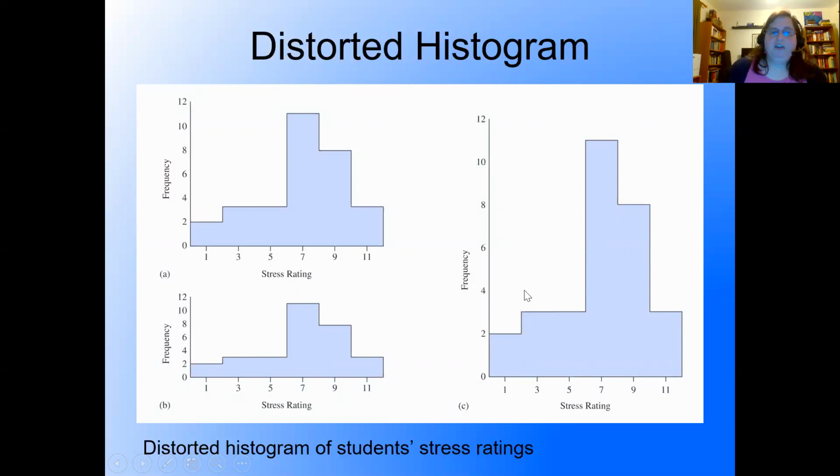And if you look at the diagram on the right, where we stretched out that y-axis, that frequency axis, it kind of exaggerates differences between the different values and their frequencies. Okay, so a good rule of thumb, although it's not perfect, is if you keep your axes similarly scaled, you should be in good shape.